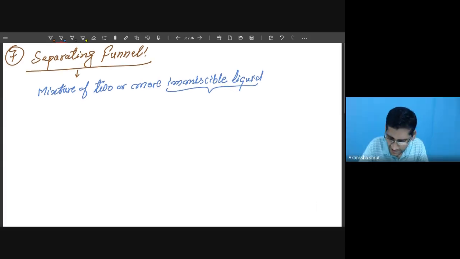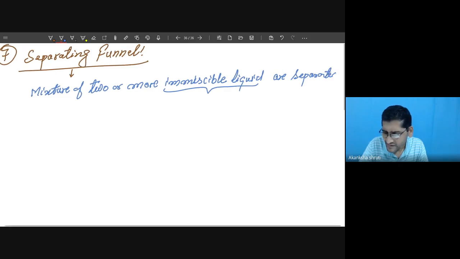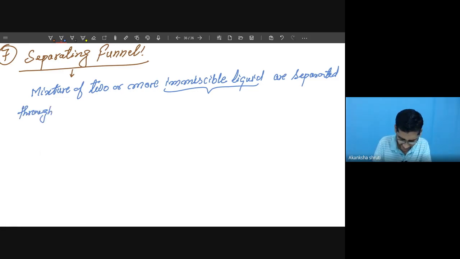So immiscible liquids are separated through a separating funnel.